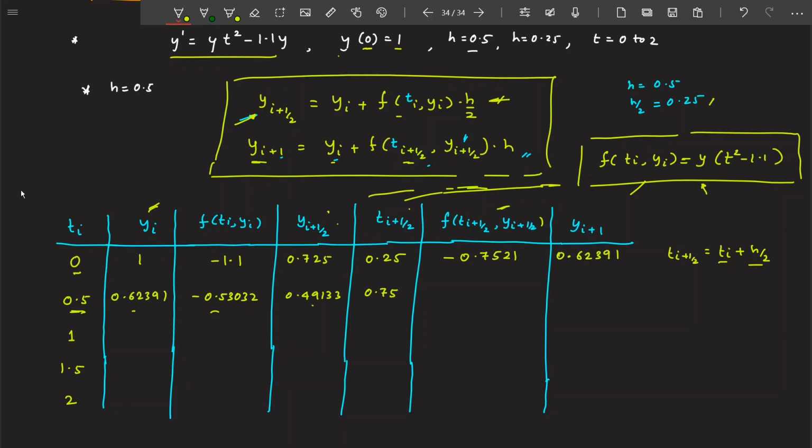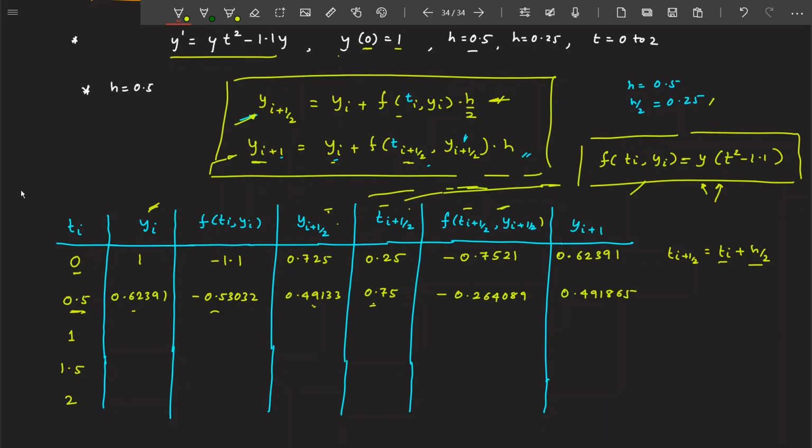Again substitute this value in this equation, and you'll get the value 0.264089, and substitute this in the main equation, you get the value 0.491865.